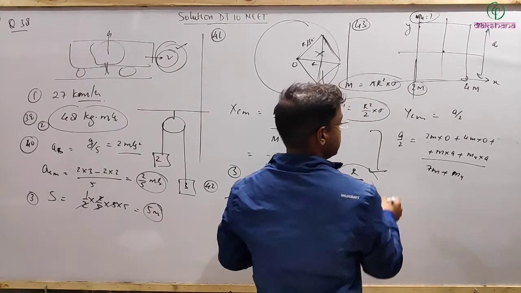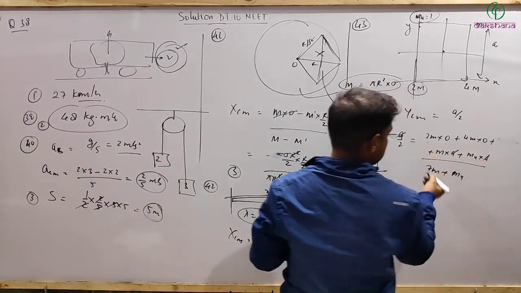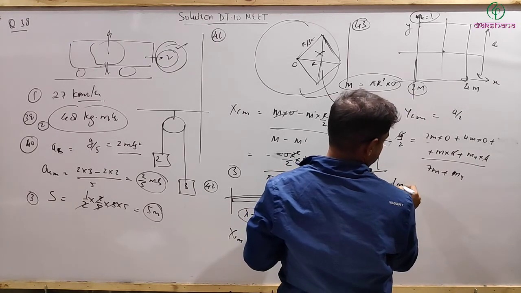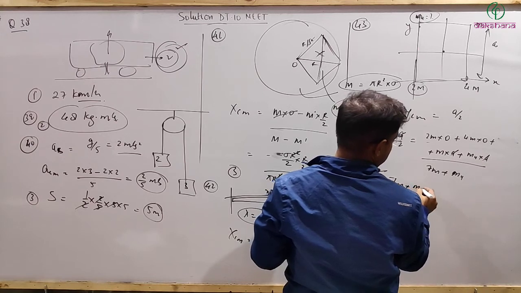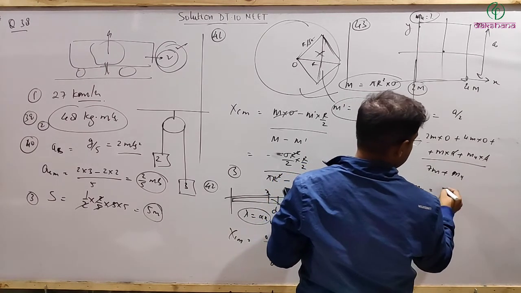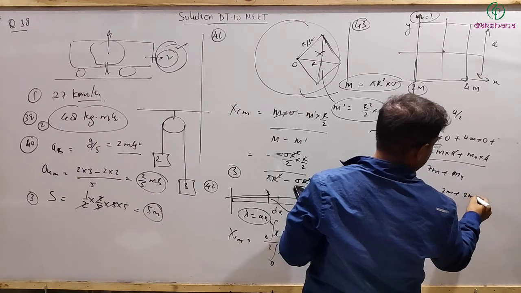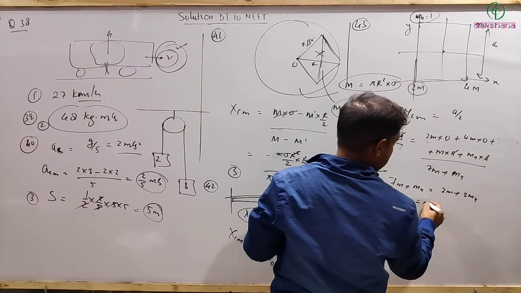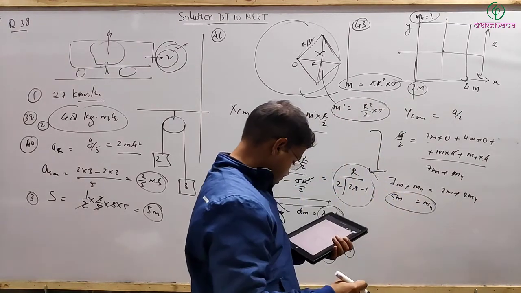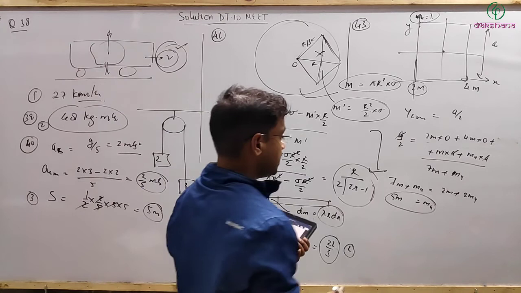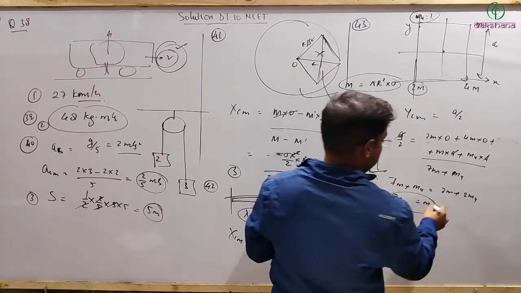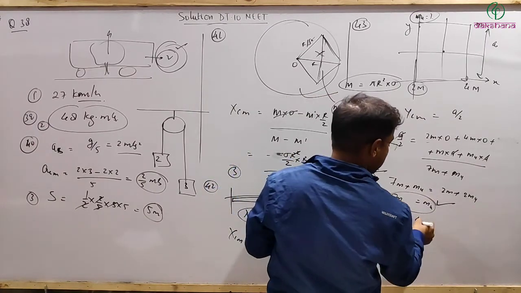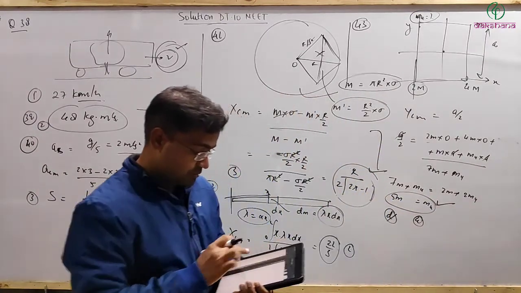Simplifying, a gets cancelled, so 7m plus m4 is equal to 2m plus 2m4, so the m4 comes out to be 5m, which is not matching with any of these, so the answer will be D, the fourth one, of the options given.